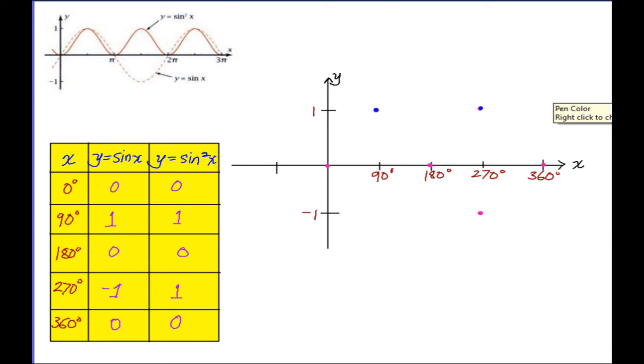If we are going to graph the first function, y is equal to sine x, which is the parent function, then we will get this graph here, which is pretty like this one. This is the graph for y is equal to sine x.